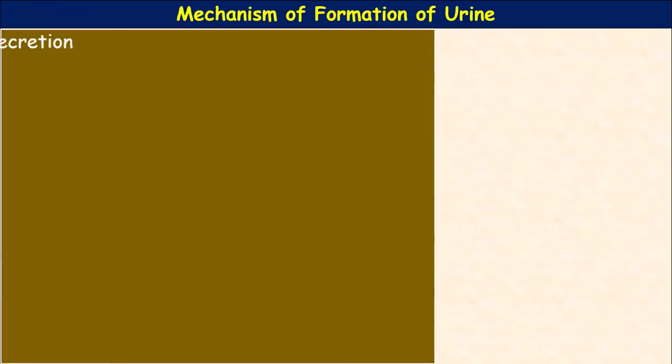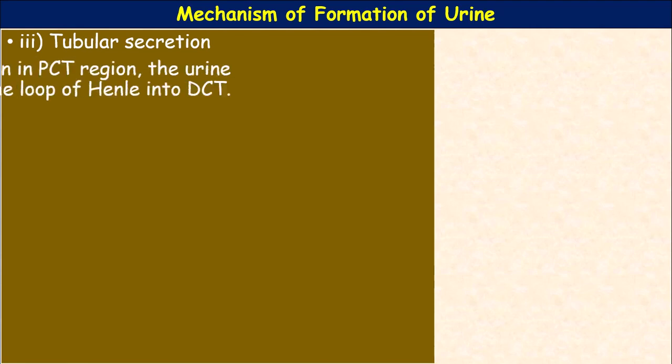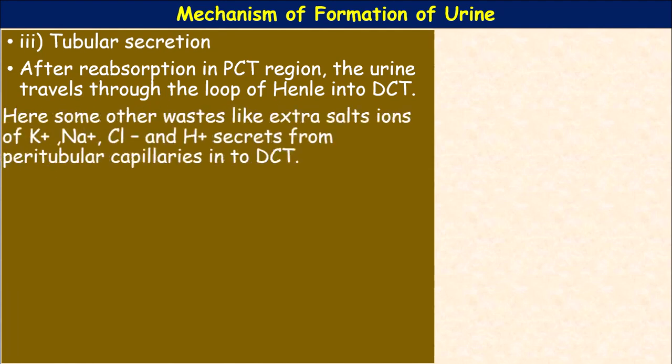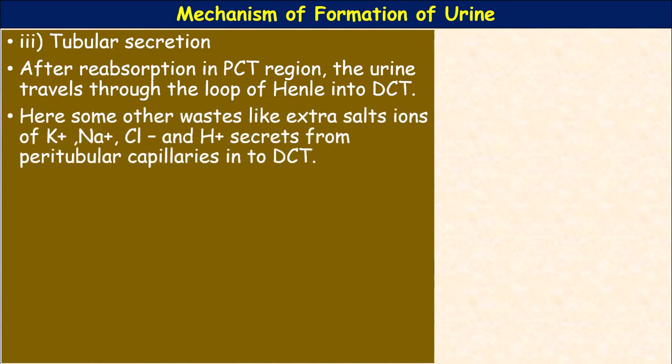Now step 3, tubular secretion. After reabsorption in the proximal convoluted tubule region, the urine travels through the loop of Henle into the distal convoluted tubule.